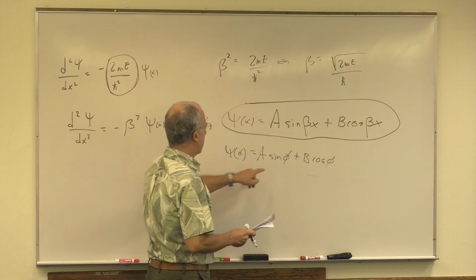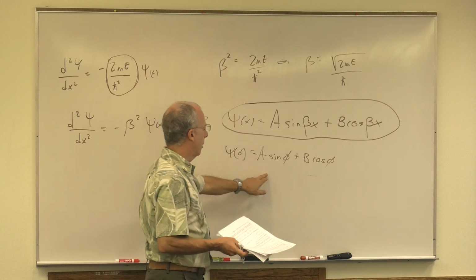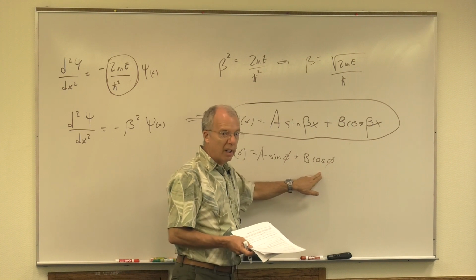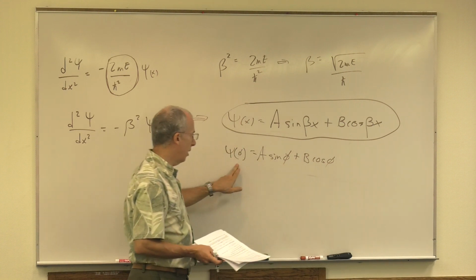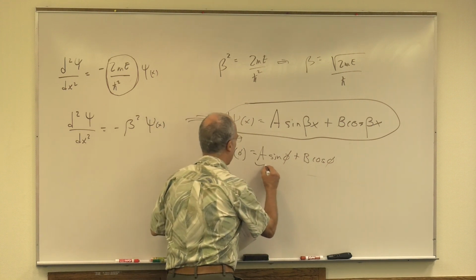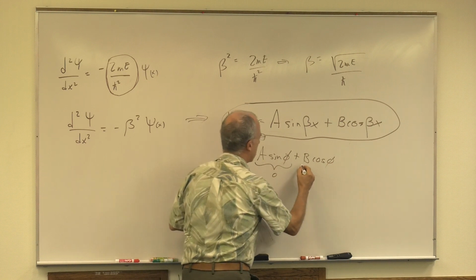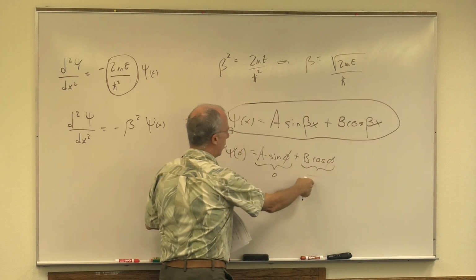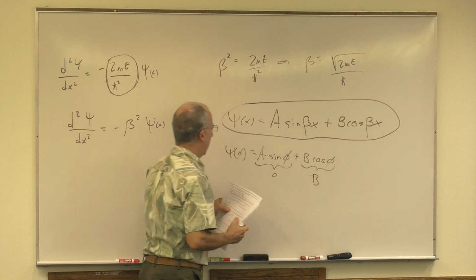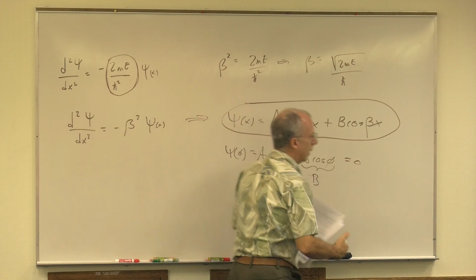Well, sine of 0 is 0, so that's not a problem. But look, cosine of 0 is 1. Well, it's supposed to be 0, right? So this is B, right? And this is supposed to be 0. Agree?